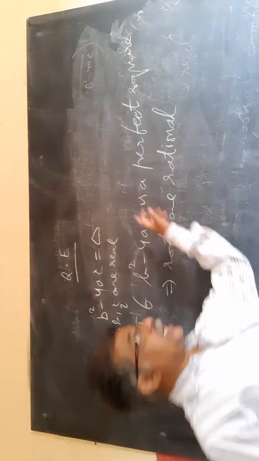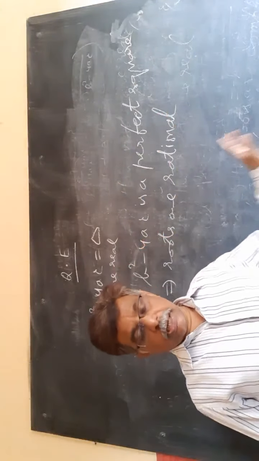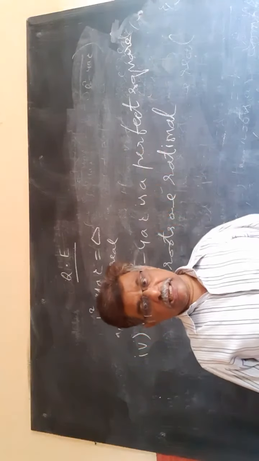If it is not a perfect square, then we will get root 3, root 5 like that, and then they are irrational.